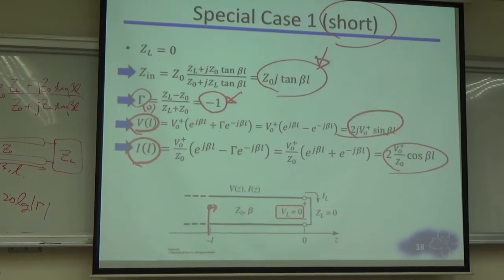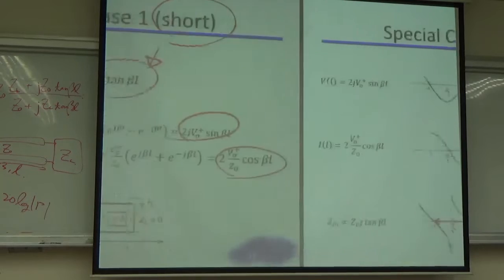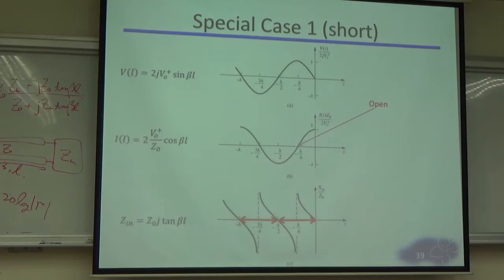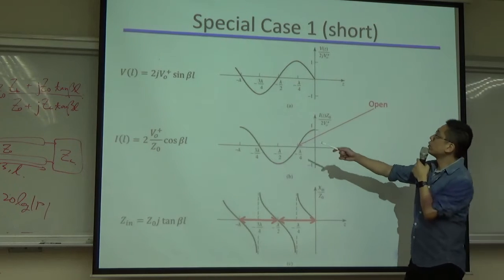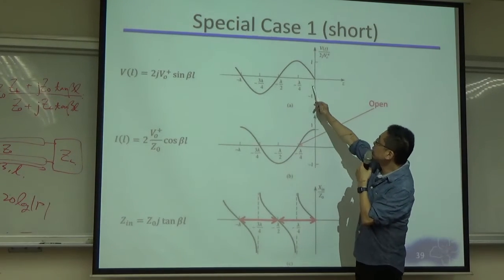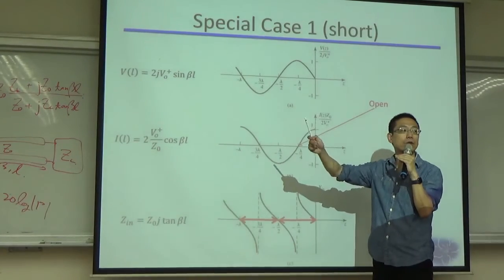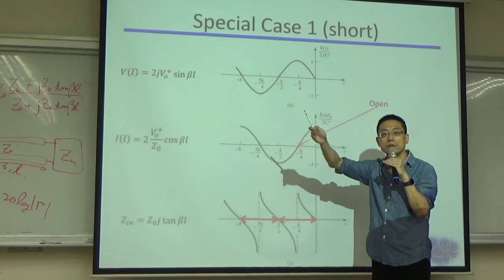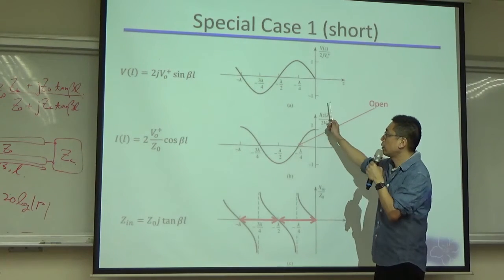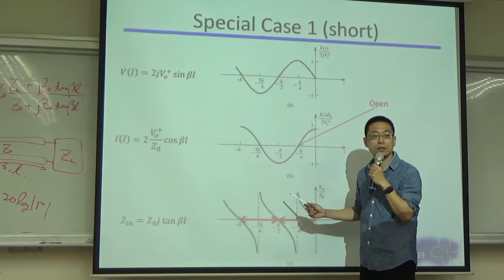Okay, you just put gamma as -1, and then you put a Z0. From the equation, you can see the total voltage on every position of the transmission line, and the current on that.